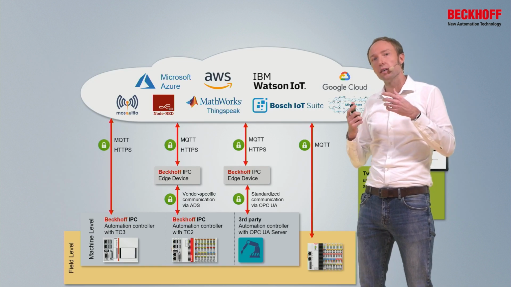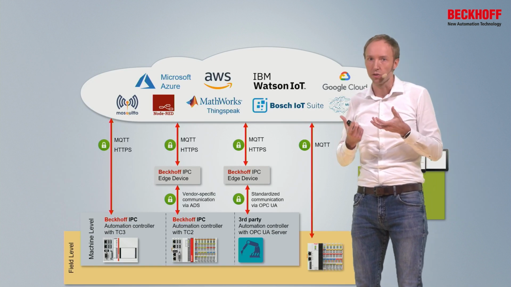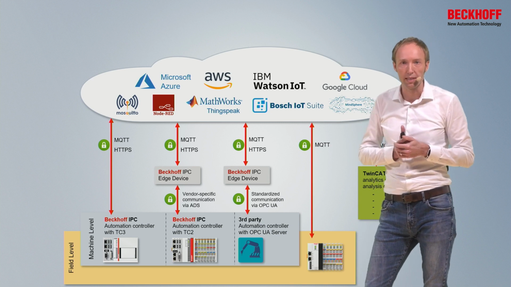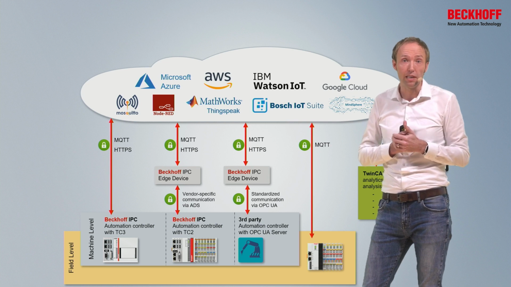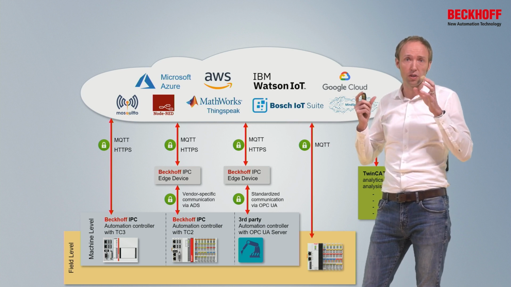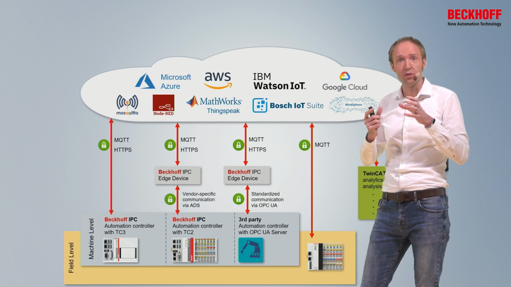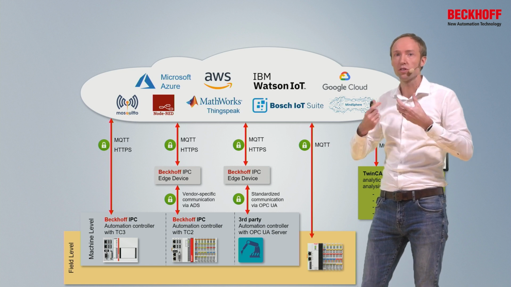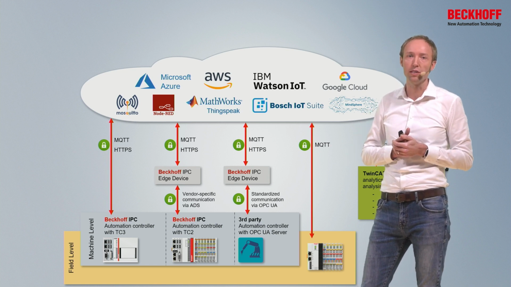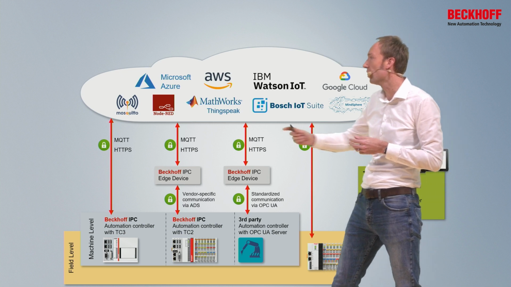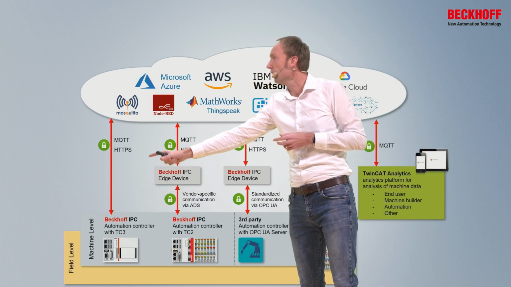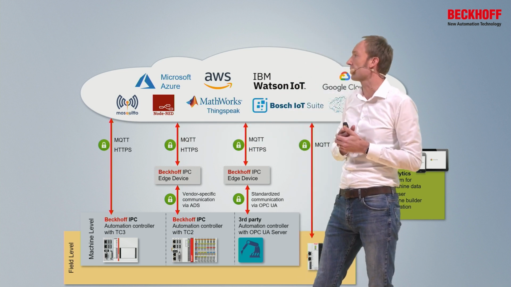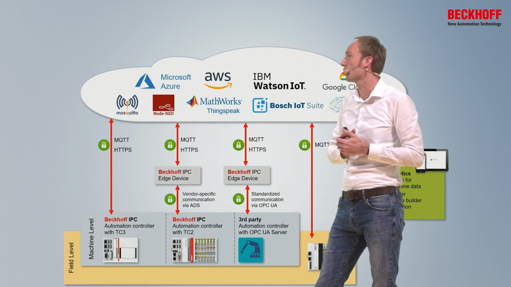So the different connectivity scenarios that we can solve using TwinCAT IoT: of course, everyone will believe us if we tell them, okay, you can use TwinCAT IoT to connect your newest machine generation using TwinCAT 3 to the cloud. So this is what you see here on this side of the graphics. So you can trigger MQTT and HTTP commands directly from within the TwinCAT real-time context.